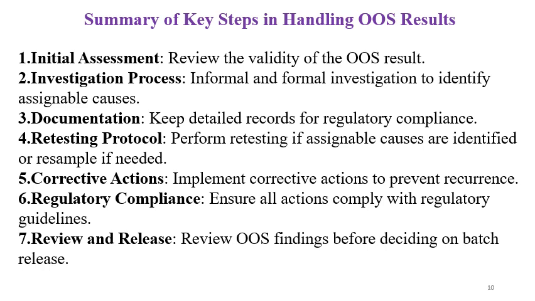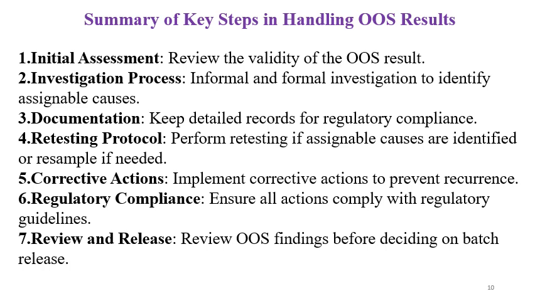Now we'll see the summary of key steps in handling the OOS. Initial assessment. Review the validity of the OOS result. In this stage, check whether the OOS result is correct or not. Investigation process. Informal and formal investigations to identify assignable causes. Documentation. Keep detailed records for regulatory compliance. Retesting protocol.